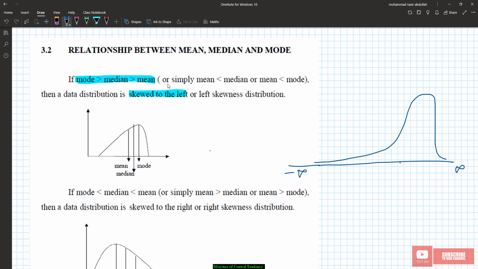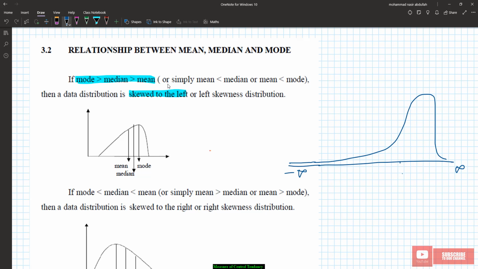Somewhere here should be 0. The curve here will not touch the x-axis because this is an asymptotic function.